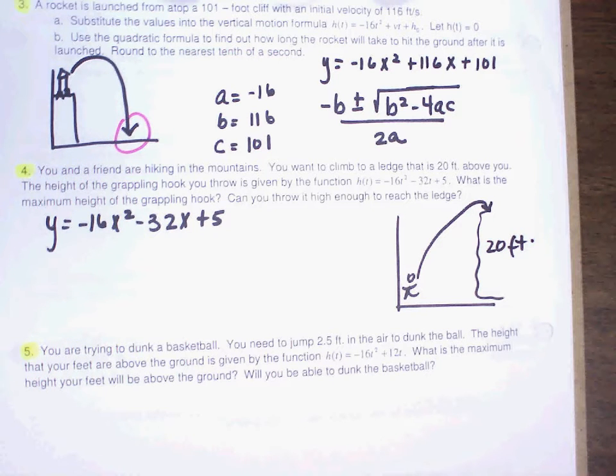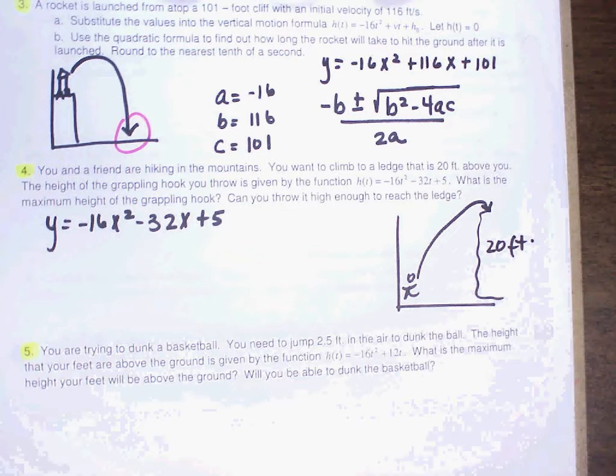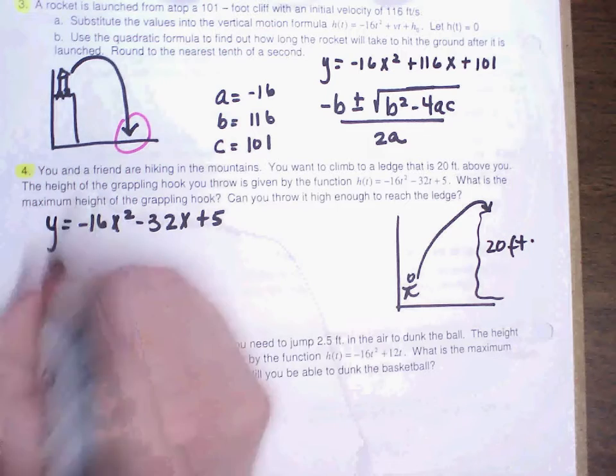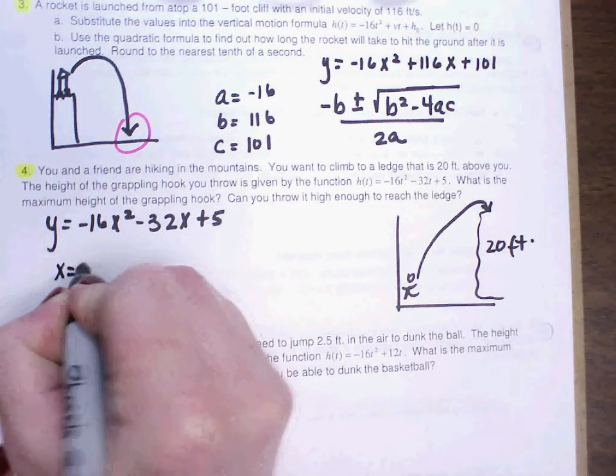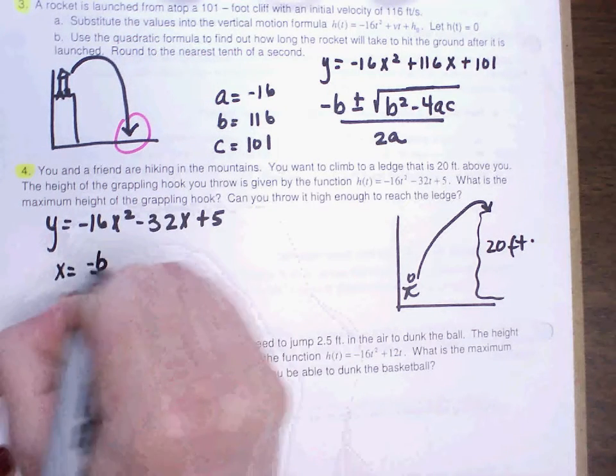So what are we calculating for? The axis of symmetry, because it will give you the maximum height. Very good. So I'm going to calculate for the axis of symmetry, which is negative b divided by 2a. Okay?